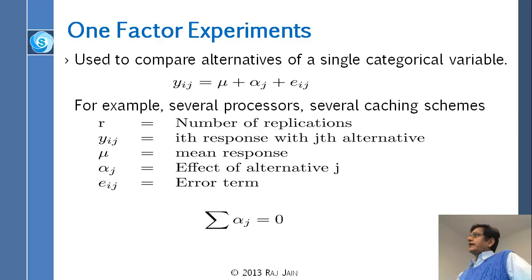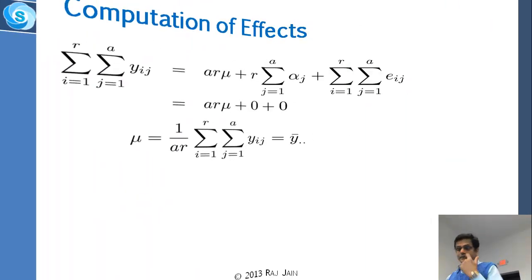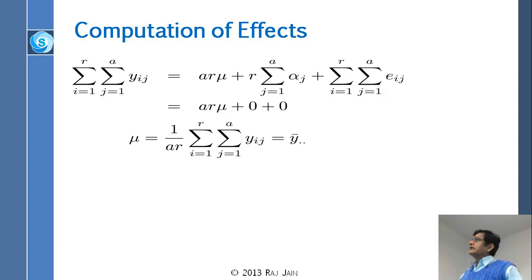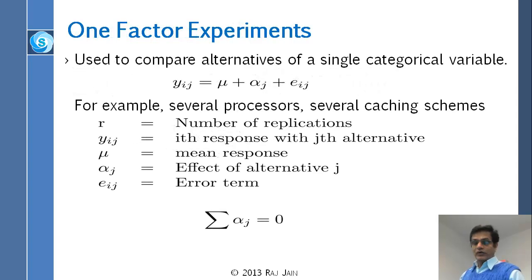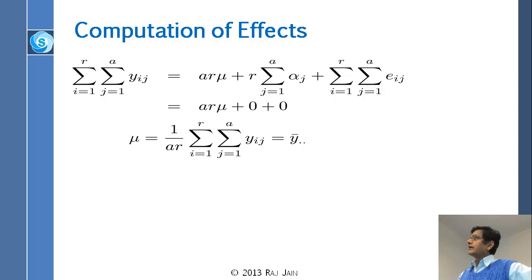If you take y i j, take all the replications and add up everything in this model, everything will add up to 0 except for the mu, and mu will be added up a r times. Now what is r? r is the number of replications and a is the number of levels.